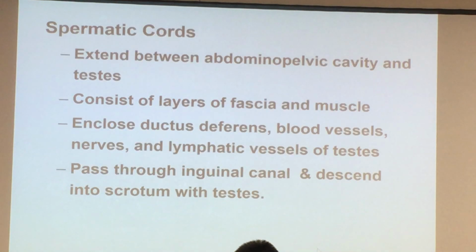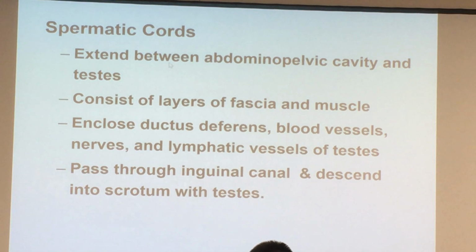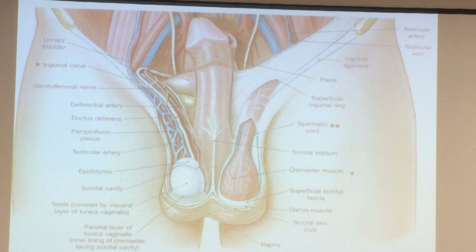Let me show you something here. The spermatic cord is very important. When it drops down, it doesn't only bring down the testes. Take a look here. It brings down the artery, vein, nerve fiber, and this one, the ductus deferens, and the lymphatic vessel, everything drops down here.